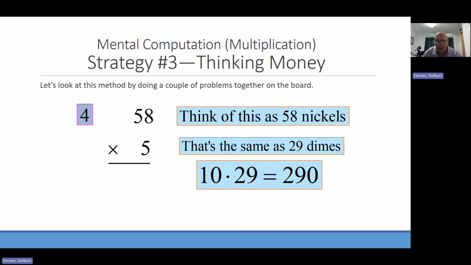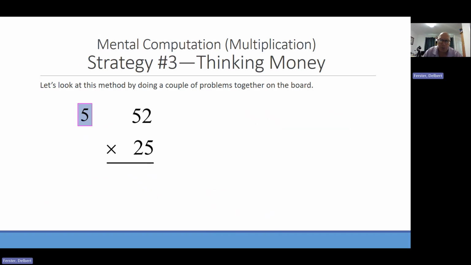So that's 290. So if you have a numeric approach with a money reference point, 5 was obviously the nickel, and then you had 58 of them, and somehow you had the insight that that could be the same as 29 dimes before you got something that was easy to do.